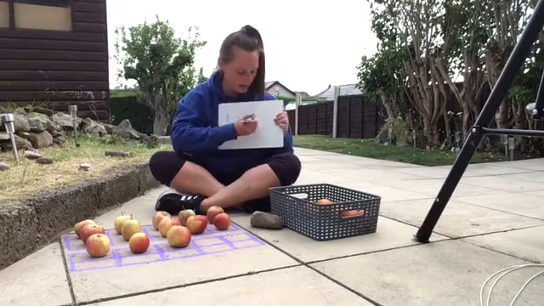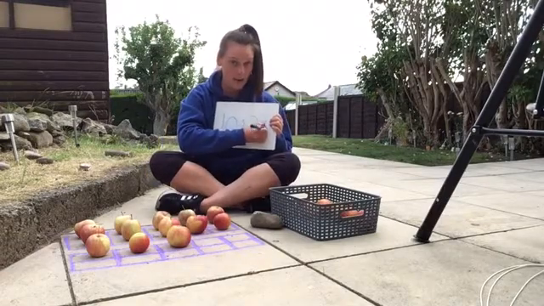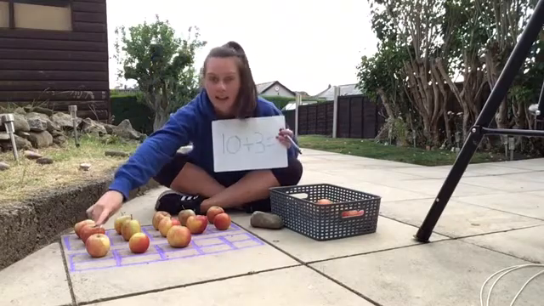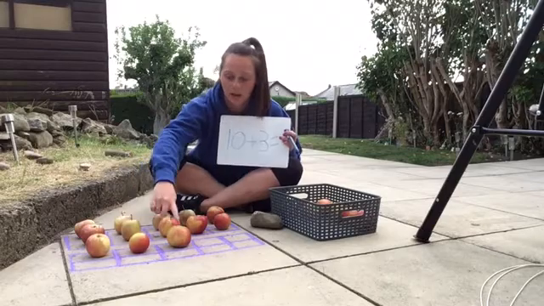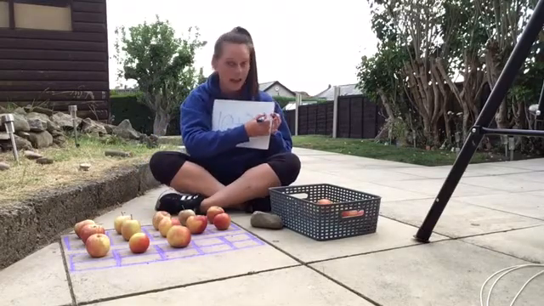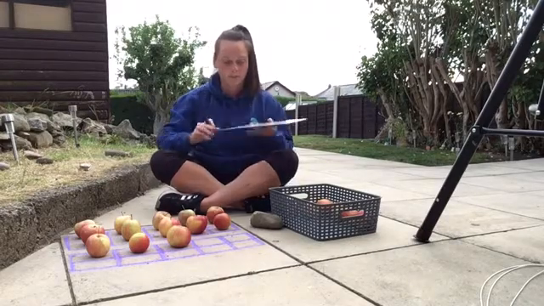We added 3, so I'm going to add 3 equals. So get number 10 in your head, 10, 11, 12, 13. So we've got 1 ten and 3 ones.